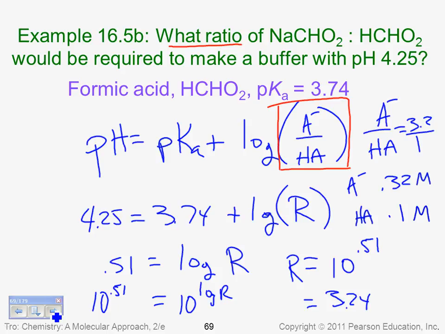So as long as I have 3 times as much base as the acid component, I'll get the buffer that I want. Now I'm going to go for higher concentration if I can. So maybe I'll go for 0.6 to 0.2, a little bit higher ratio or capacity. But for the moment, my point is to figure out what that ratio is. And that ratio is 3.24 to 1.